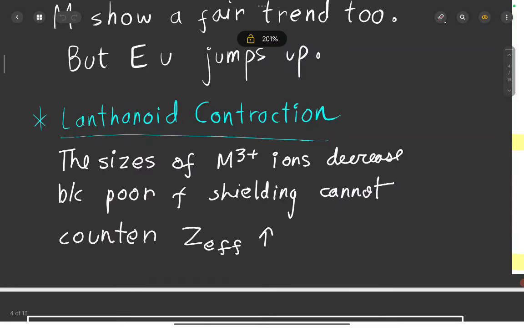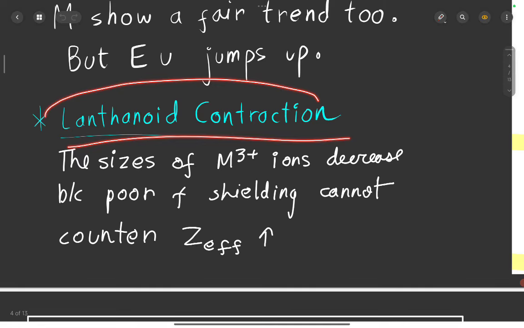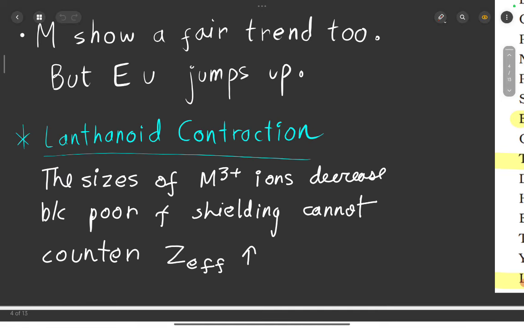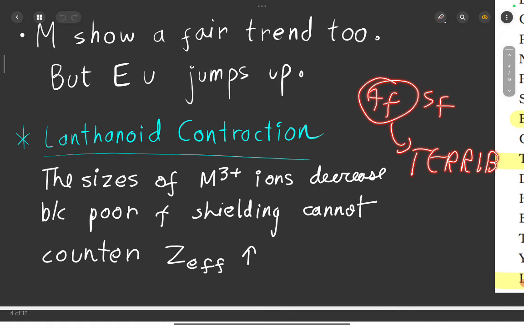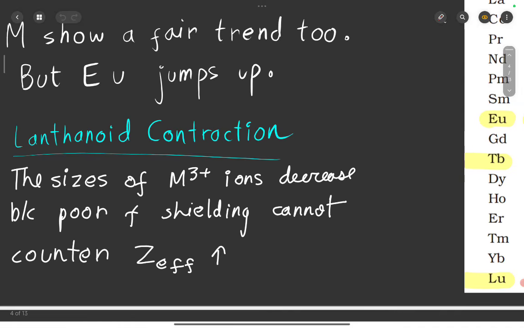In short, let me explain what lanthanoid contraction is. It is basically the 4f shell, and even the 5f, but let's learn about 4f right now. It is terrible at shielding. It cannot shield outer electrons.